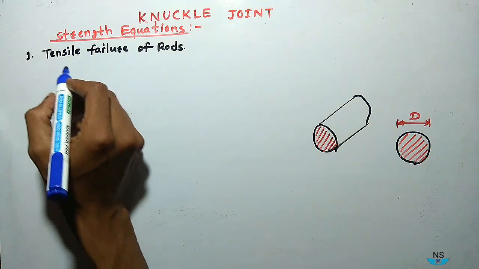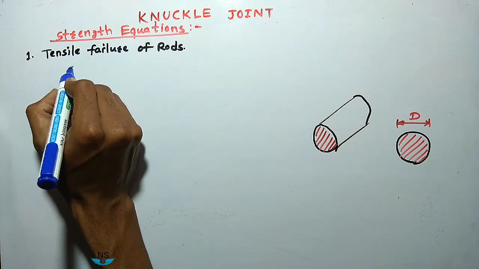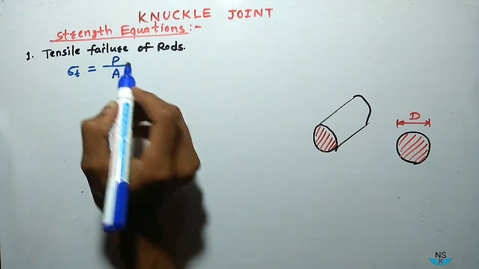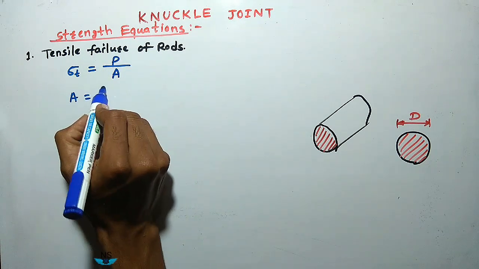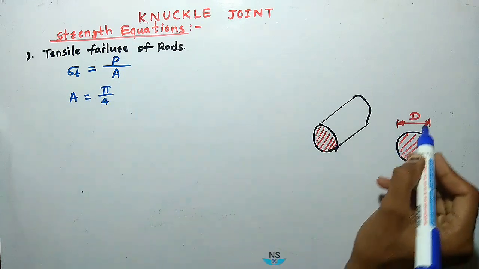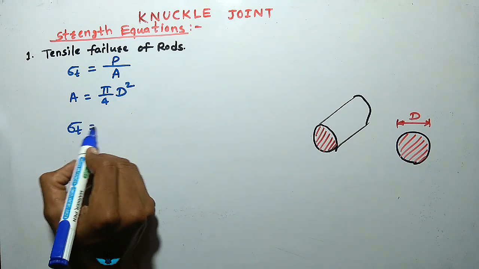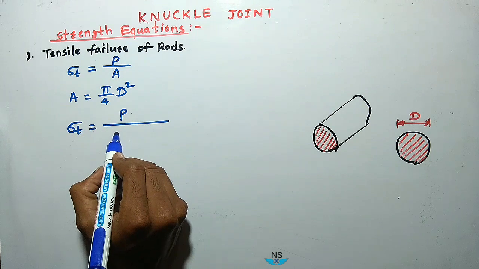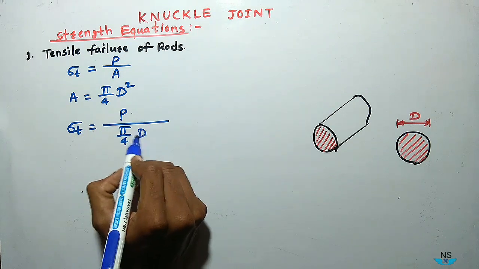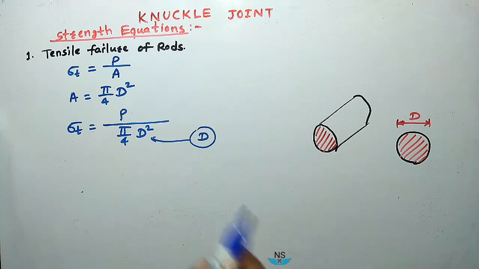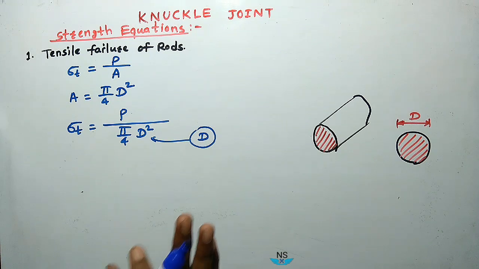Now tensile failure is there, therefore tensile stress is equal to P divided by A. Therefore sigma T equals P divided by pi by 4 D square is the final strength equation. From this equation you can determine D easily, where D is the diameter of the rod. This is the first strength equation, tensile failure of rods.